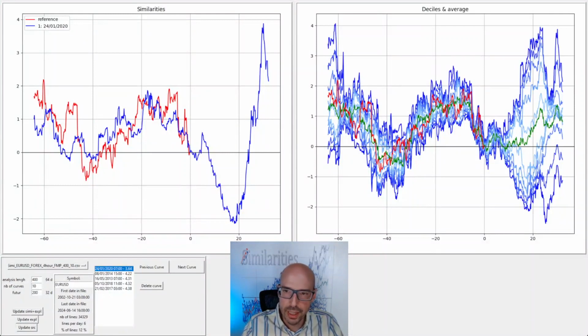The result is flattish for 10 days and a burst of volatility here that would go up. On average, I have more upside than downside, but there's a big burst of volatility here from day 10 to 25, 30. All right.